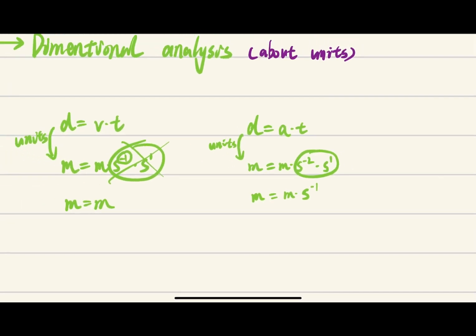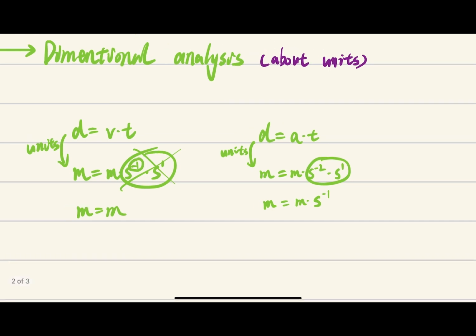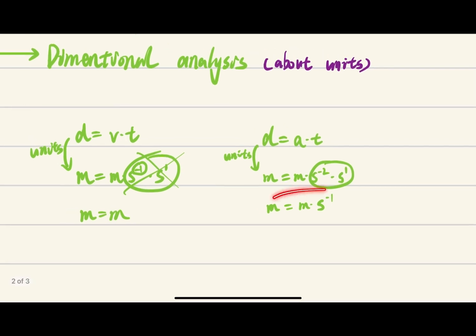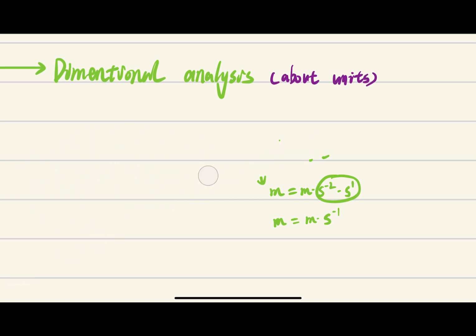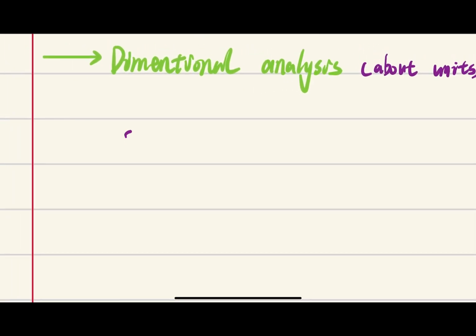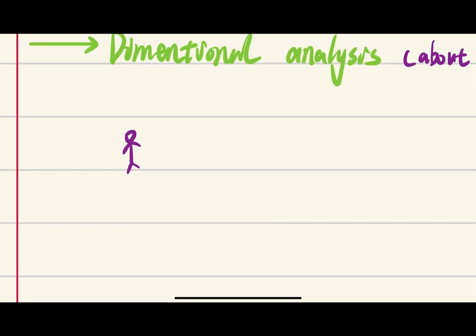So dimensional analysis can tell us whether an equation is wrong or not. And in your exam, you'll probably see a question like this. Let's say a person is standing right here, his name is John or Steve or Jonas, it doesn't matter. This person is observing the motion of a ball.